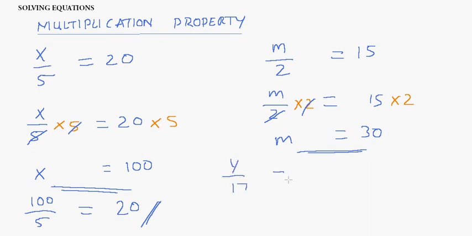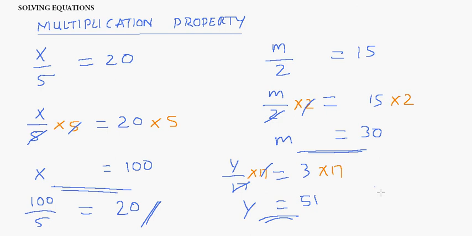y divided by 17 equals 3 is another equation. Now, since the variable y is being divided by 17, we multiply each side of this equation by 17. 17 and 17 get cancelled. y equals 3 times 17, which is 51.